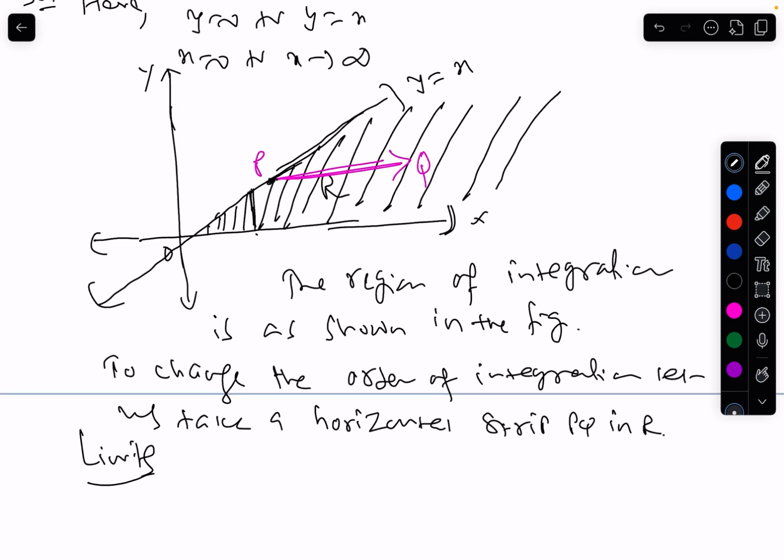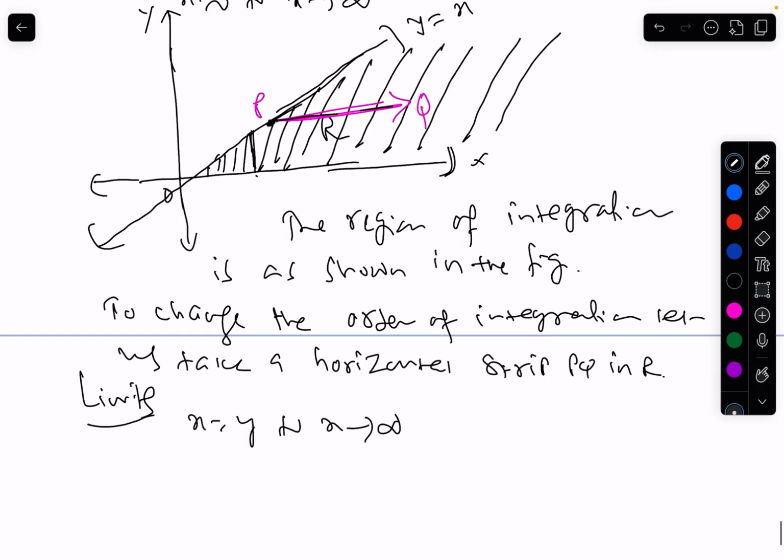Here x is equal to y to x tends to infinity. This is endless, and this strip slides from here up to indefinitely.